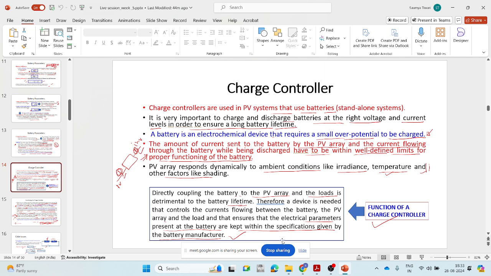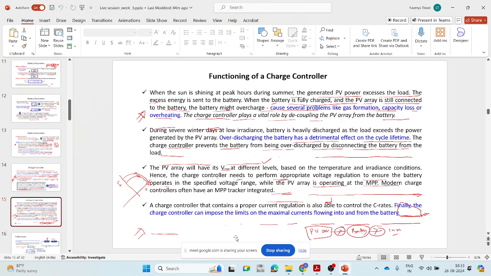Direct coupling of battery to PV array and the load is determinant to the battery lifetime. Therefore, a device is needed that controls the current flowing between the battery, PV array, and the load to ensure that the electrical parameters present at the battery are kept within the specification given by the battery manufacturer. Here several functions of the charge controller are explained.